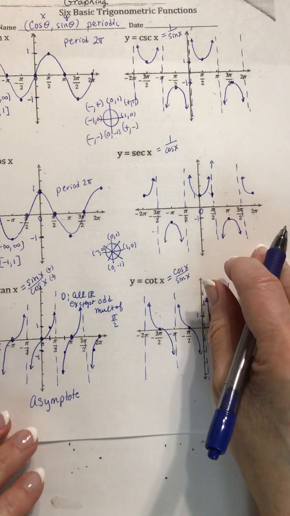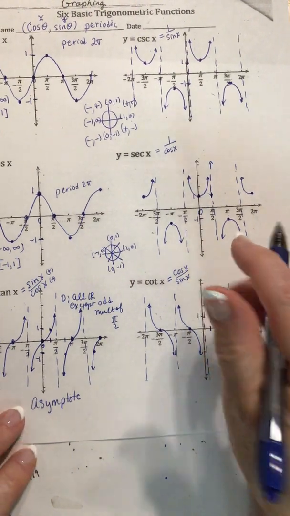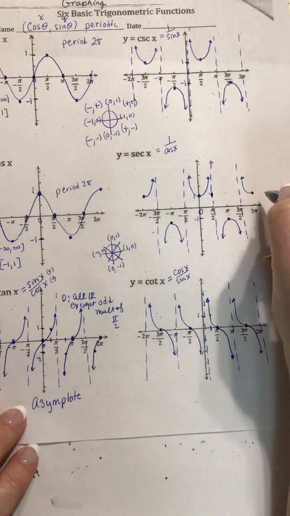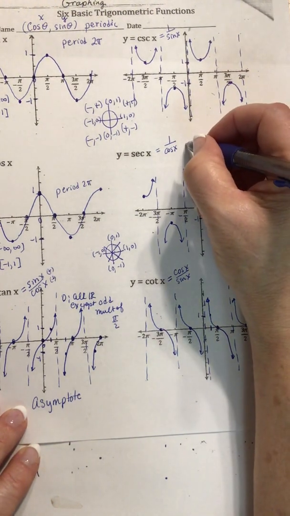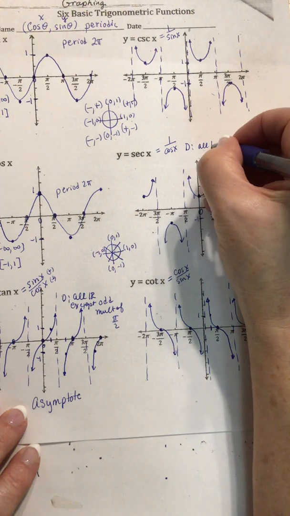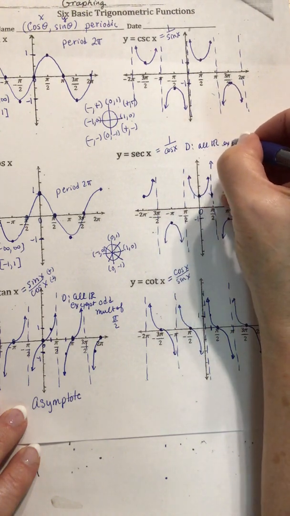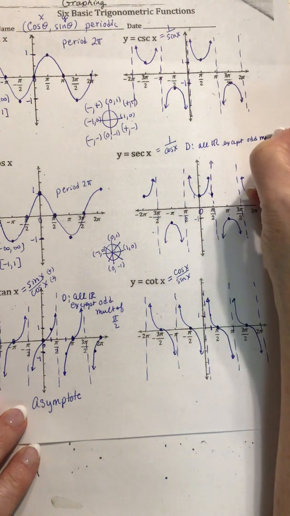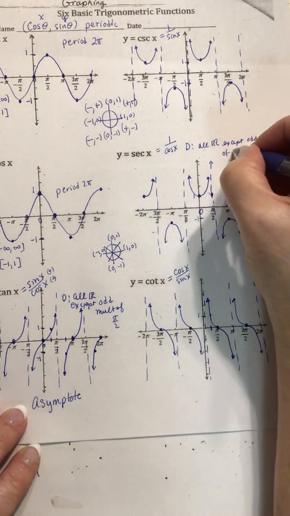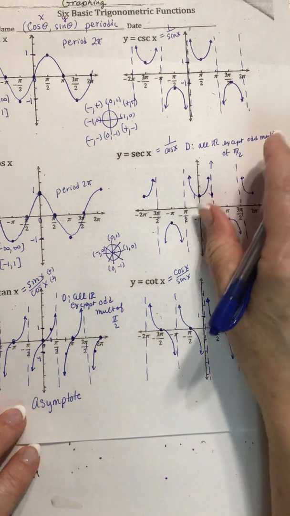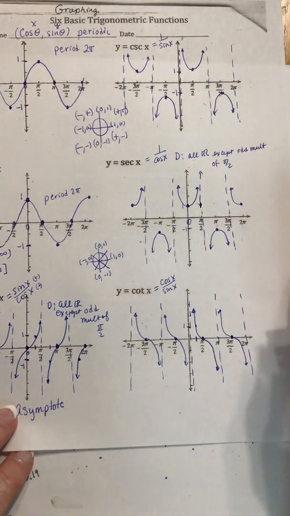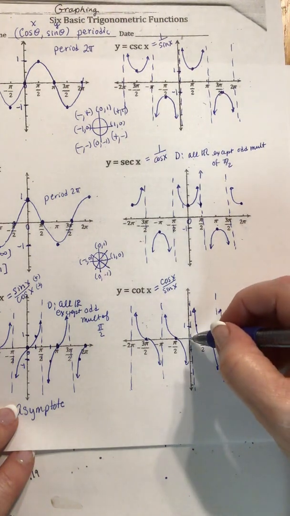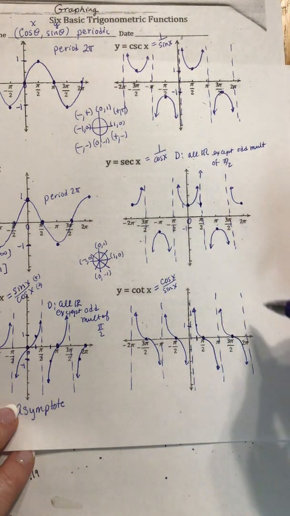Okay, so now let's look here at also secant. Secant is the same way, pi over 2, 3 pi over 2, 5 pi over 2, right? So again, its domain is all real numbers except odd multiples of pi over 2. Now on the other ones, you have 0, pi, 2 pi, 3 pi.